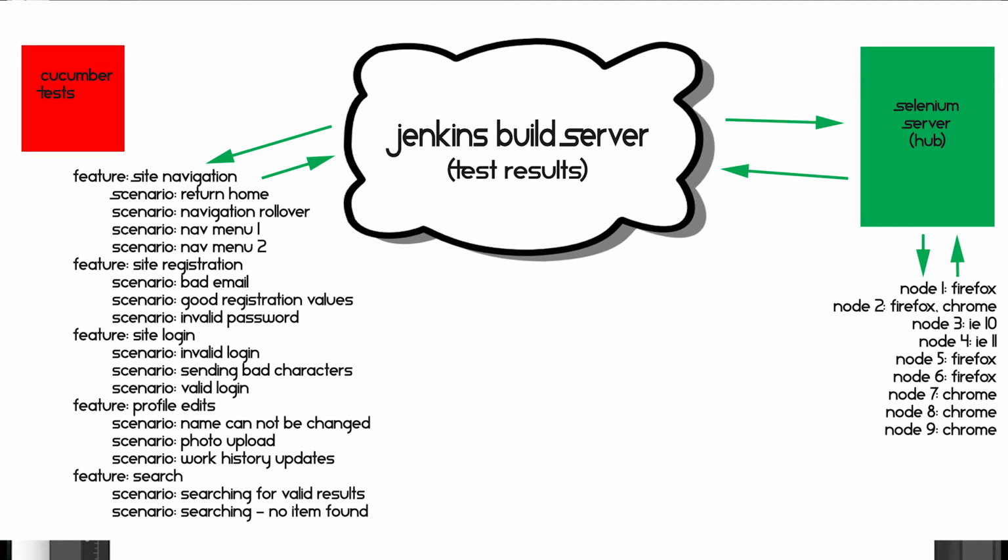And Jenkins is going to take those files and simultaneously send them in parallel to the Selenium server that's going to be set up. That server will then pass them to any node that is freely available, and it all gets sent back, and we have a record of pass or fail in Jenkins.